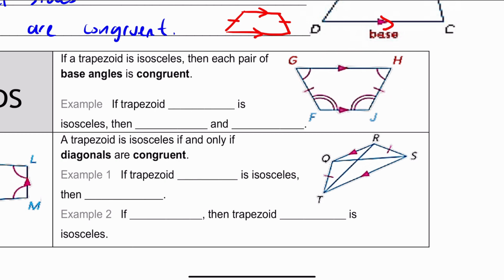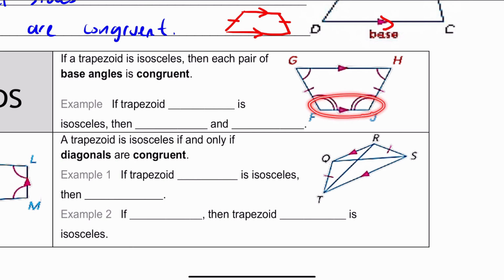So the angles opposite to those tick marks, we can see that angle H is opposite to this tick mark, and angle G is opposite to that tick mark. Those are the base angles, because these angles are on top of the base, so we can say that those angles are congruent.